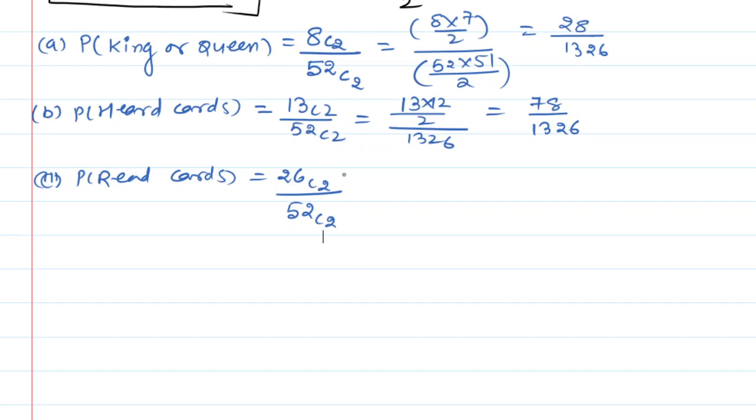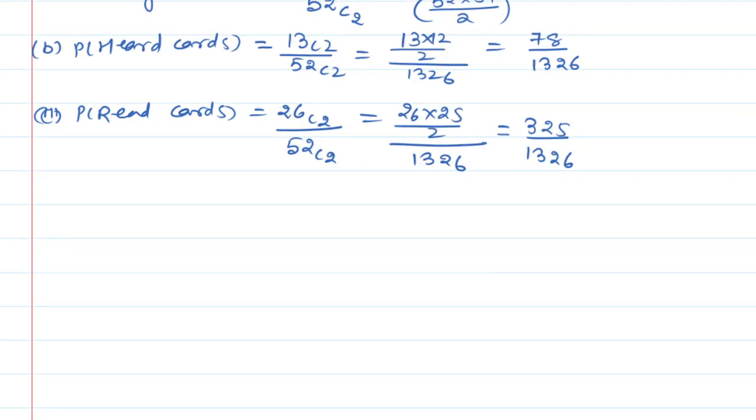Red cards is 26, 13 of the hearts, 13 of the diamond, which is equal to 26 into 25 upon 2 divided by 1326. So how much do I get? 26 divided by 2 is 13. So it's 25 into 13. It's 325. So it's 325 upon 1326.